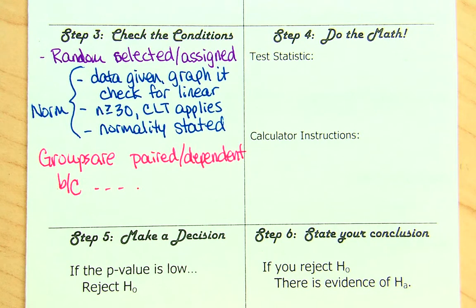Our test statistic comes straight from how you did z-scores since first semester. It's just the value from our sample minus what we thought would happen, our hypothesized value, over standard deviation.